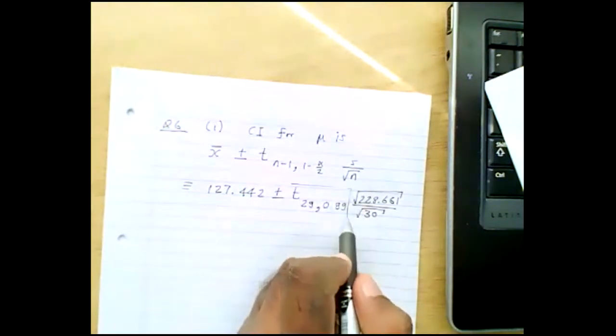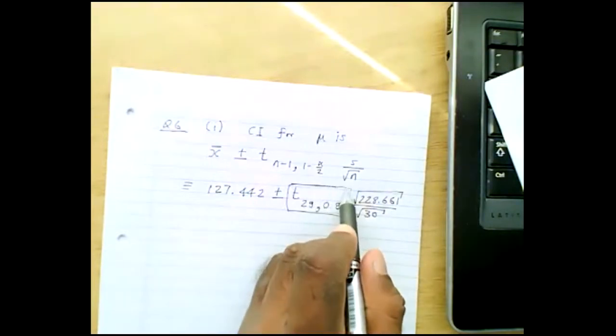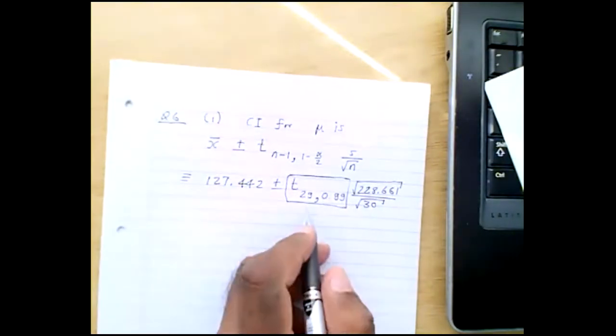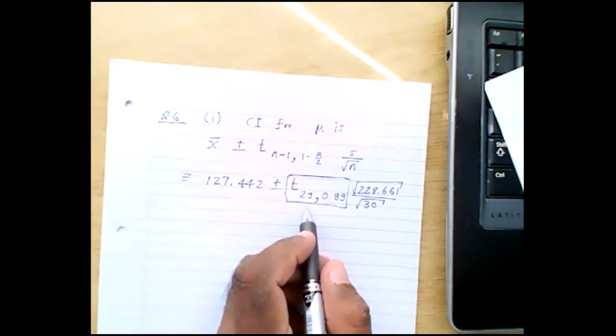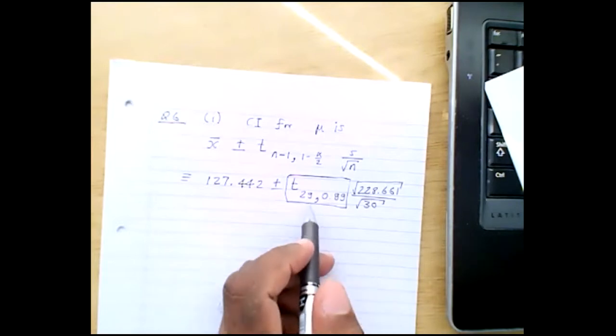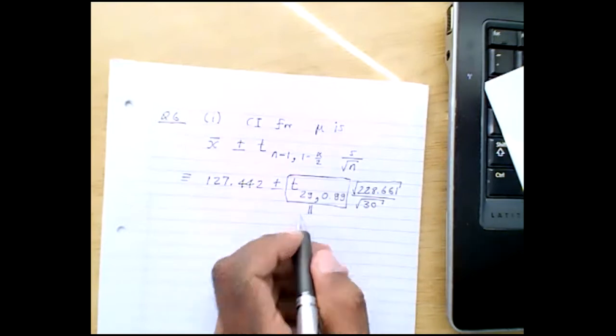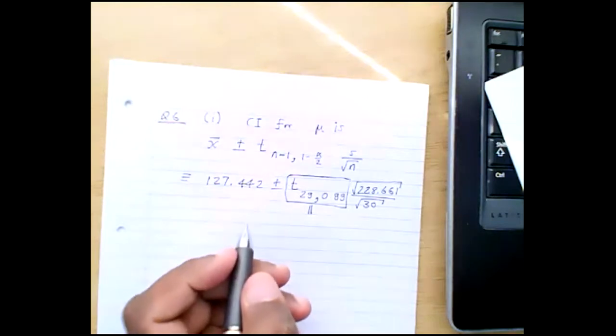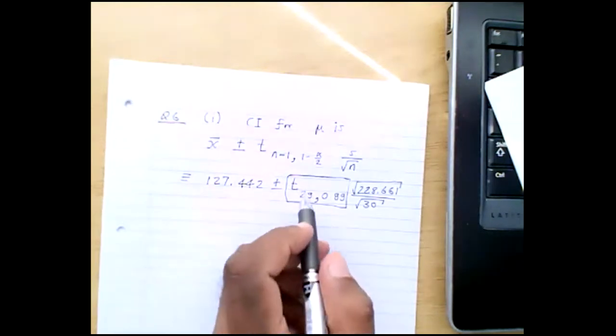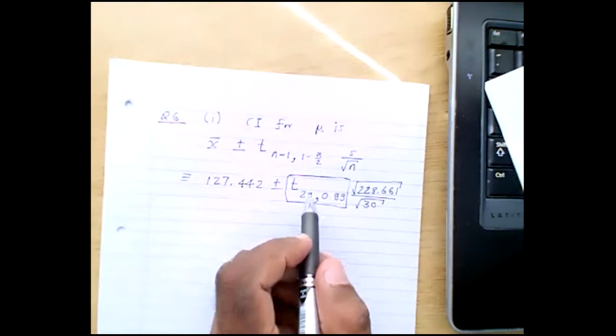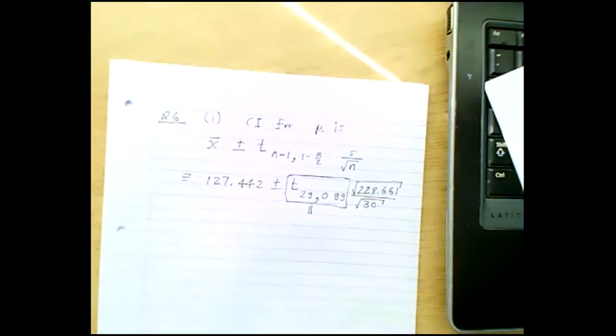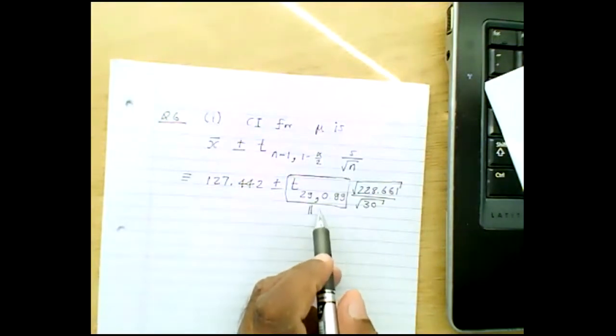Now we need to read this value from the table for the t distribution, which I talked about in week 8, which was last week. If you go to the course website, there's a link called formulas, and there's a table for reading this.